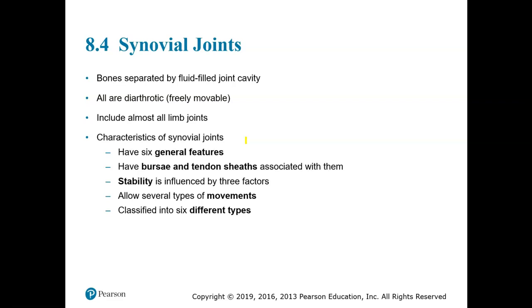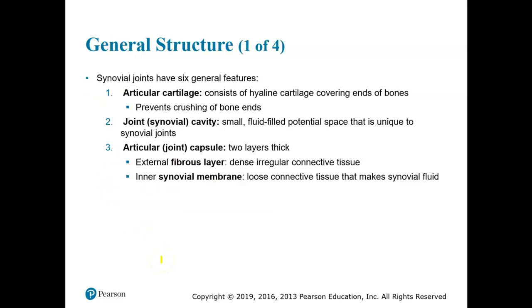So now we move to the synovial joints, and the synovial joints have 6 classifications. These are the diarthrotic or freely movable joints. Synovial joints have bursa and tendon sheaths that protect them from friction. They allow for several types of movements, such as circumduction, abduction, adduction. Their stability is influenced by several factors. And they have 6 general features.